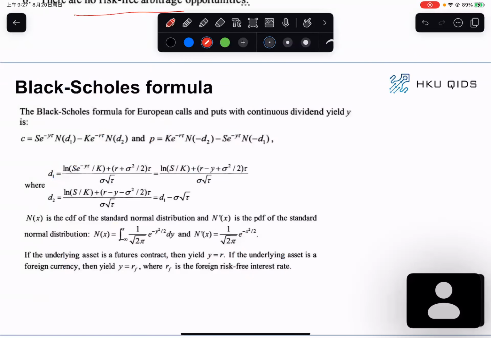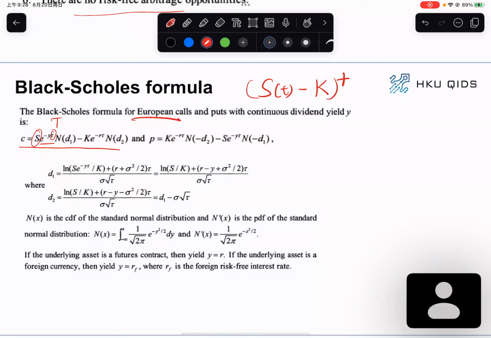And now let's come to the Black-Scholes formula. The formula is just easily derived from a European call option. You know, the European call option gets profit by ST minus K with only positive value. And if we plug that into our original equation and take all the integrals, you can get this one, which is this call is just the stock price S multiplied by the discounted part, which is e negative y tau.